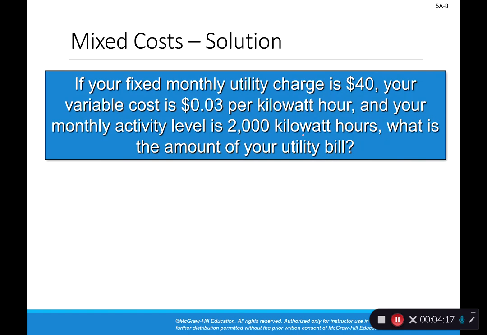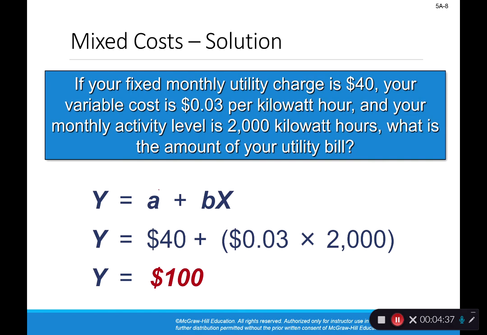Using that formula, I can then predict cost at any level of activity. So if my monthly utility charge is $40 and my variable cost is 3 cents a kilowatt hour, I think we did this back in Chapter 1, and I want to know what my cost would be when I'm using 2,000 kilowatt hours, I just use my formula, y equals F plus Vx.